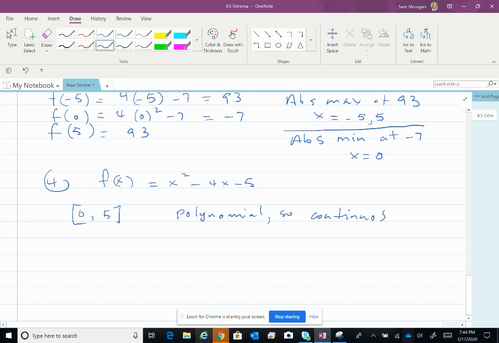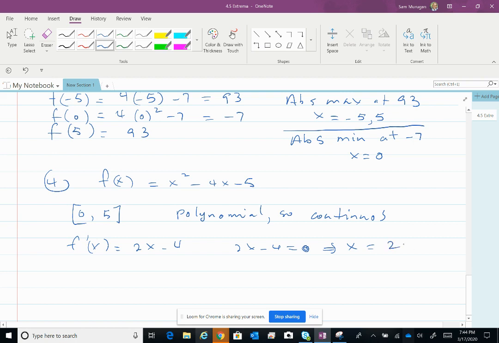And we need to find f prime. F prime x is equal to 2x minus 4. Setting 2x minus 4 equal to 0 gives x is equal to 2.